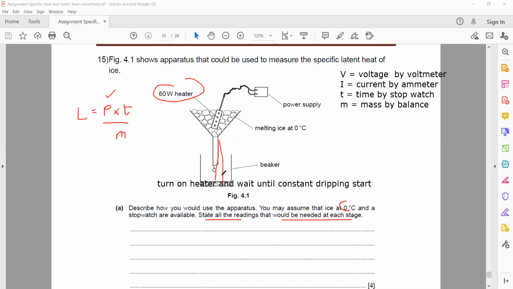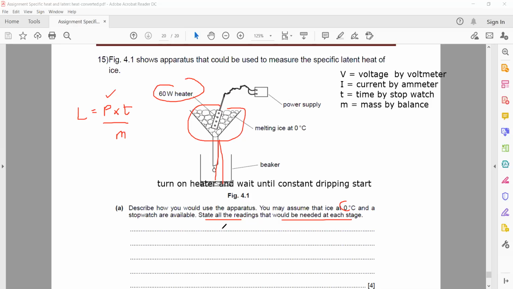But if you have one drop after 2 seconds, another drop after 5 seconds, another drop after 3 seconds, this is not constant dripping. Constant dripping means in the same time interval, you have the same number of drops of water coming out. Once constant dripping starts, we'll be sure that the ice is at the melting temperature.